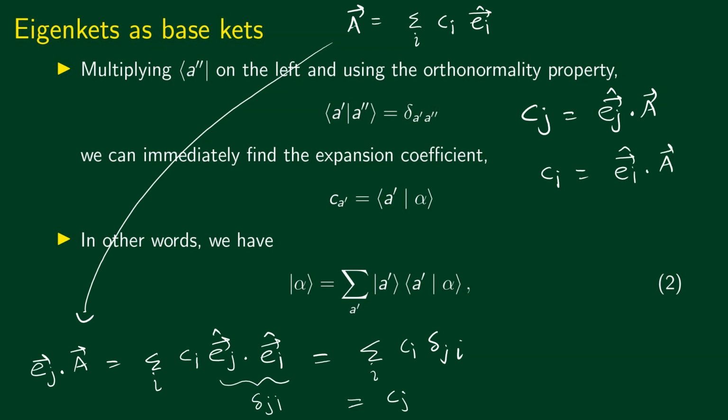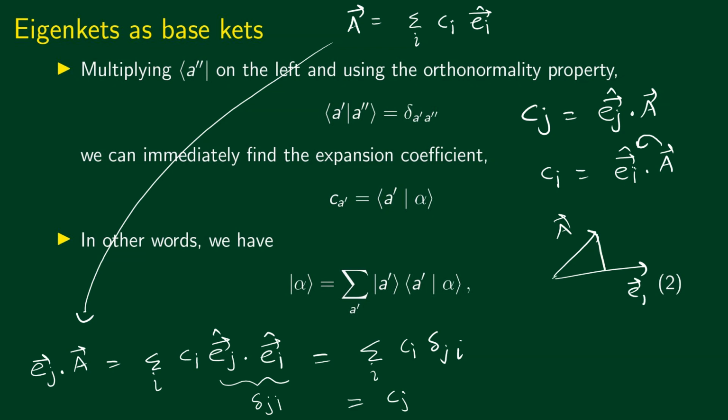Now this is easy to understand. Ci is the expansion coefficient of A vector along the Ei direction. So how do you find this expansion coefficient? This is the component of A vector along this direction. To find this component, you just project this vector in this direction. So if you have a vector like this, let's say this is the E1 direction. Now, how do you get the component of A vector in this direction?